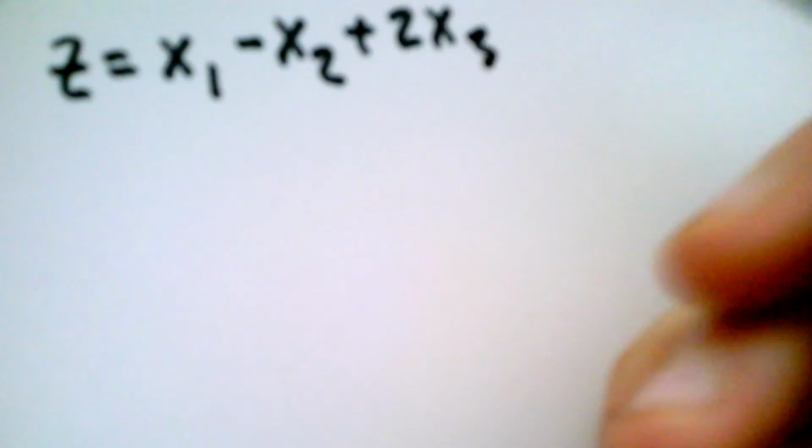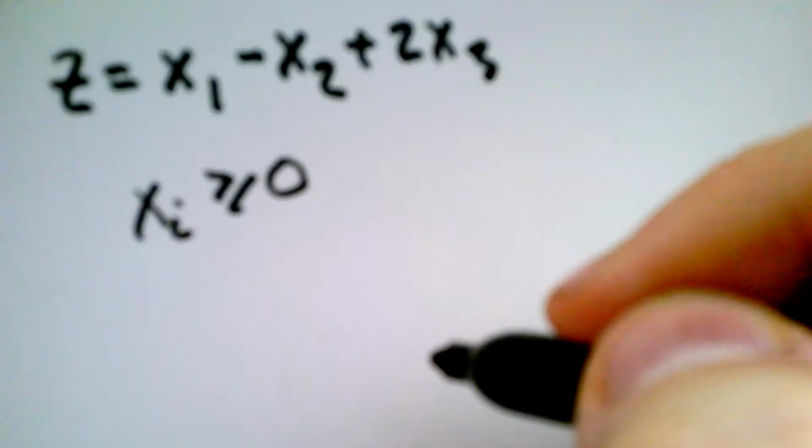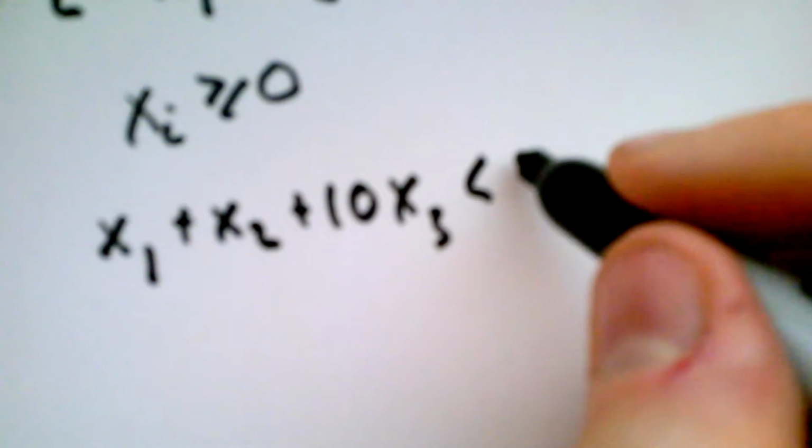Of course, one of the constraints is that all of our variables are positive, so xi is greater than or equal to 0. And then our other constraints, well, let's have that x1 plus x2 plus 10x3 is less than, let's pick 100.